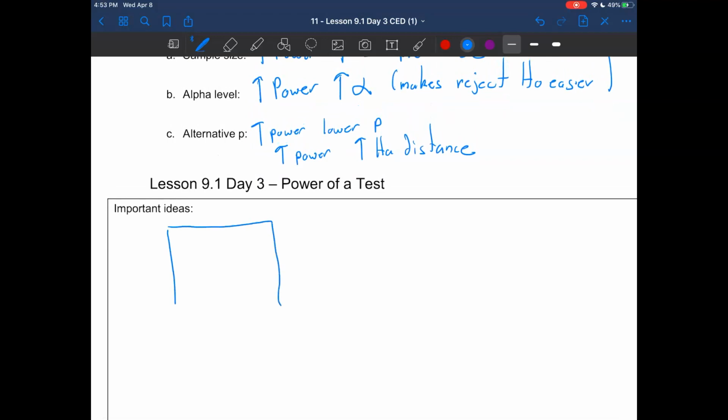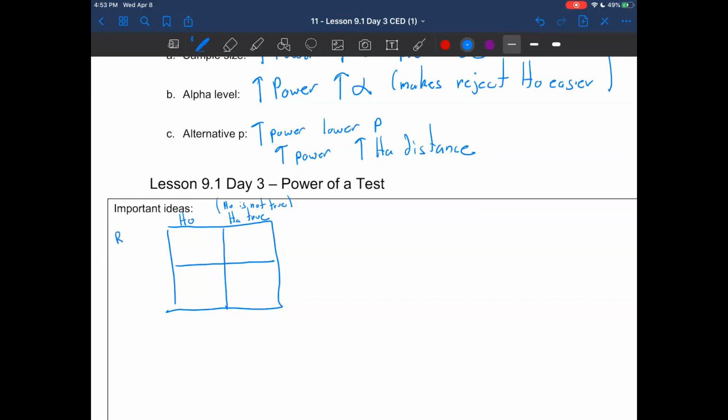We had our box with our errors. We had where our null hypothesis is true, the alternative hypothesis is true. Now remember, if we think that the alternative hypothesis is true, that means our null is not true. That means the same thing.